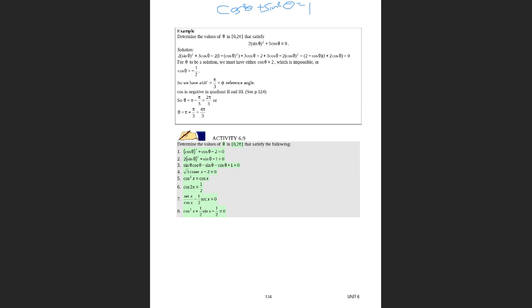So in place of sine squared theta, we can put 1 minus cos squared theta. Then we simplify.